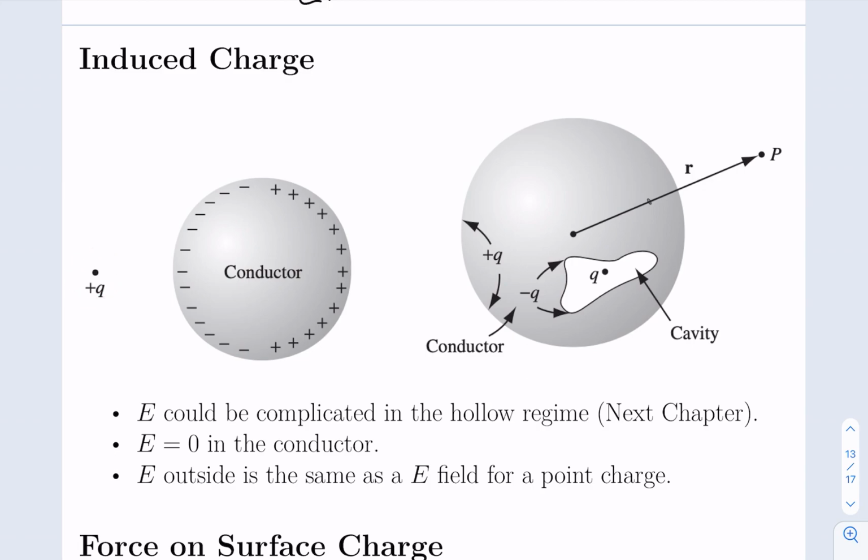The point charge has its own electric field, and naively thinking, it will attract the negative charge to the left side, and then the positive charge must accumulate on the other side, because the net charge on the surface must be 0.